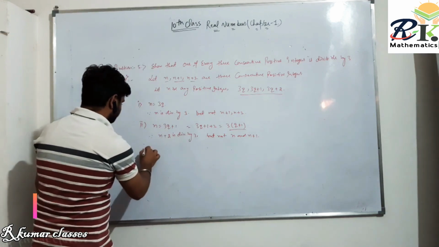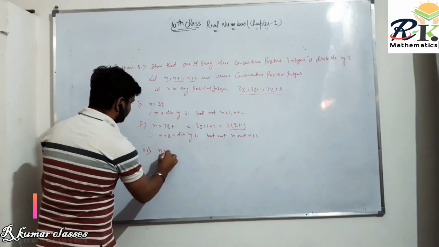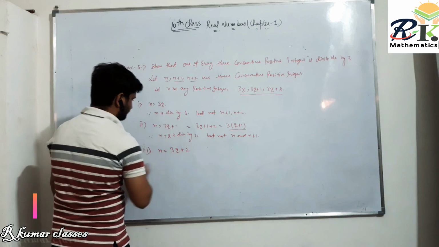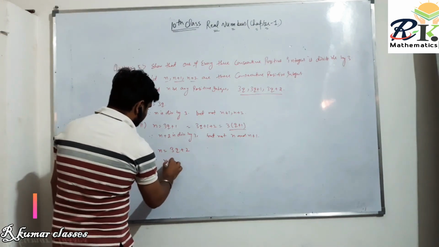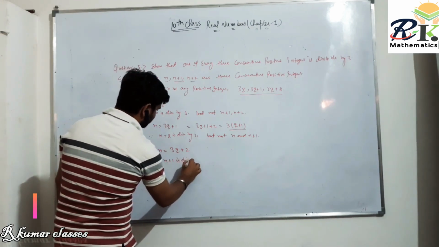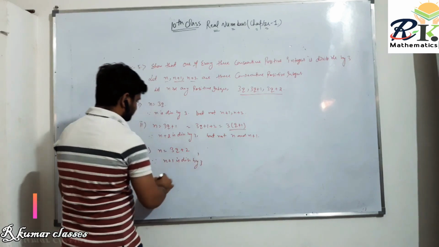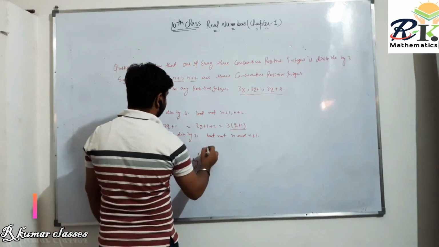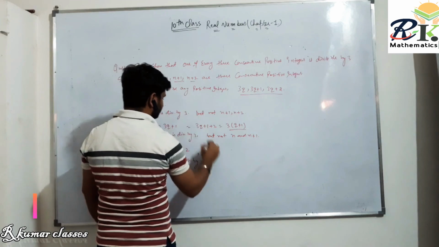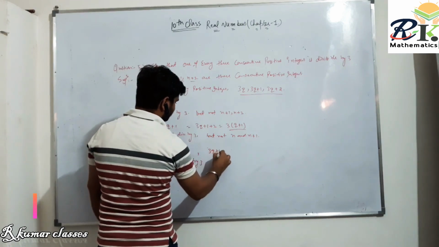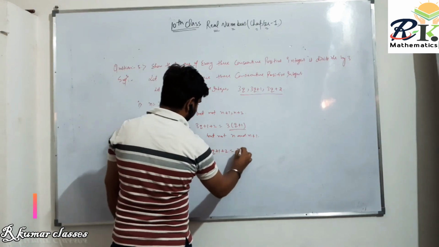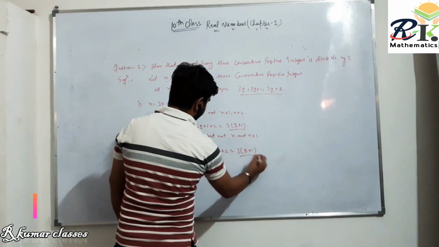The last case arises when we take n as 3q plus 2. So here n plus 1 is divisible by 3. How? Because we put the value of n, 3q plus 2, in n plus 1, that is 3q plus 2 plus 1. So 3 into q plus 1 is divisible by 3.